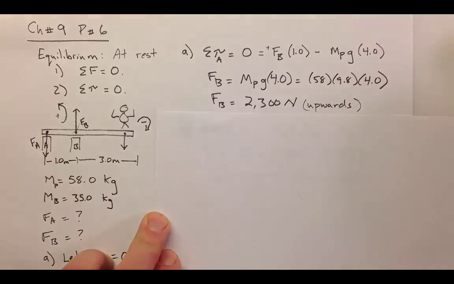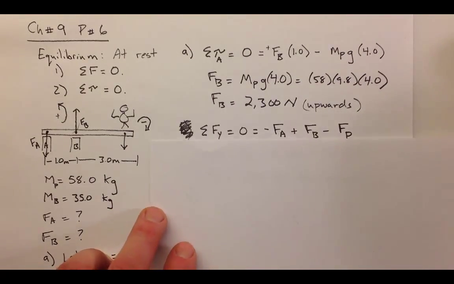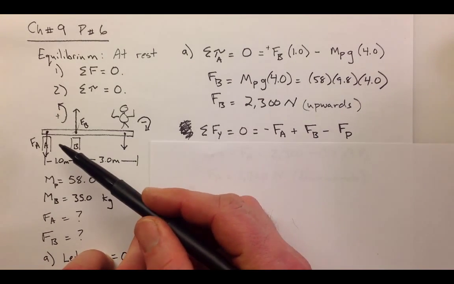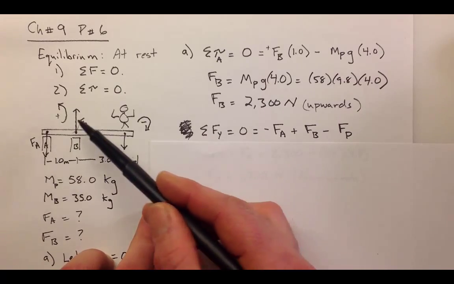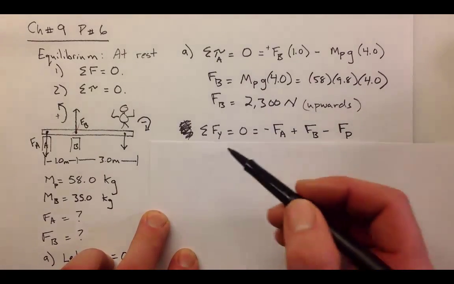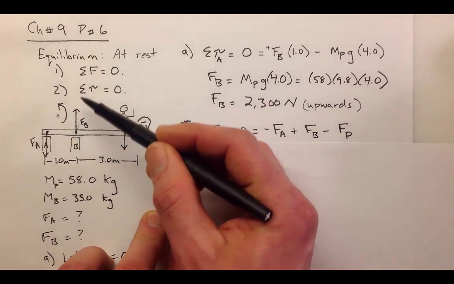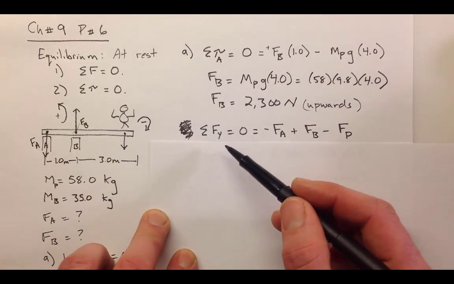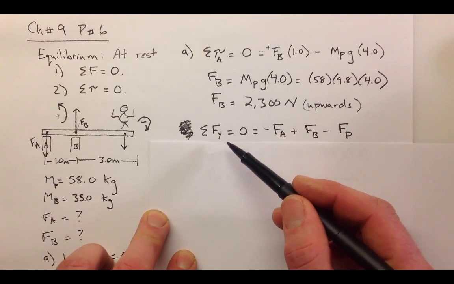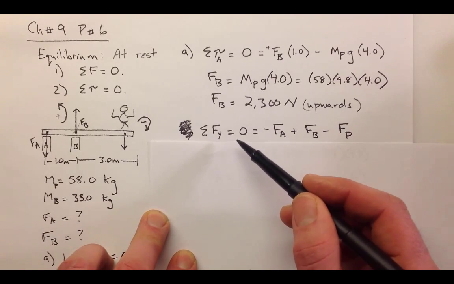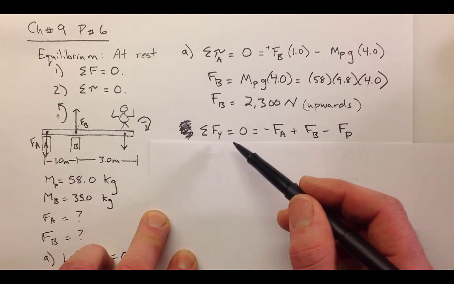Okay, so I'm halfway done with part A here. So how about part B? Well, now that I know 2 of the 3 forces involved, since I know this diving board is not accelerating upward into the air, I know that the net force on the diving board in the y direction must be 0, right?